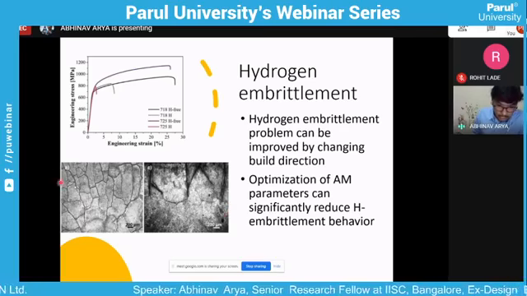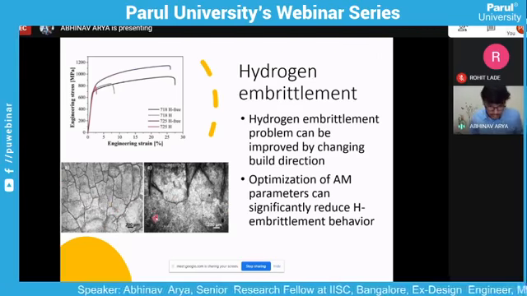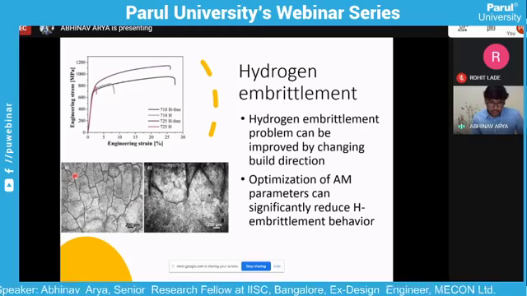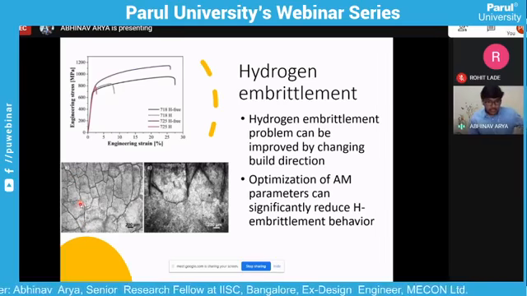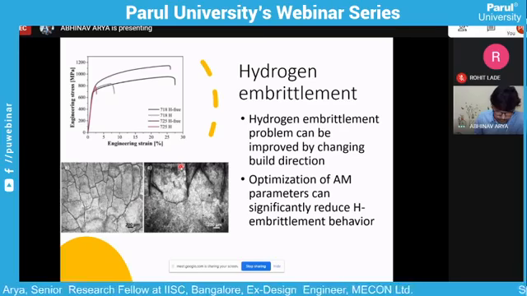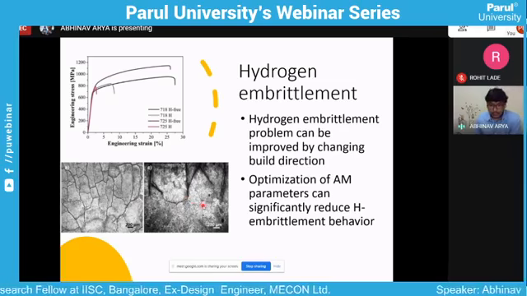And you can see how it has affected the hydrogen embrittlement after hydrogen charging for many hours. In the vertical, the hydrogen has penetrated to such deep locations, but in the horizontally built alloys, you can see the hydrogen was not able to penetrate very deeply.